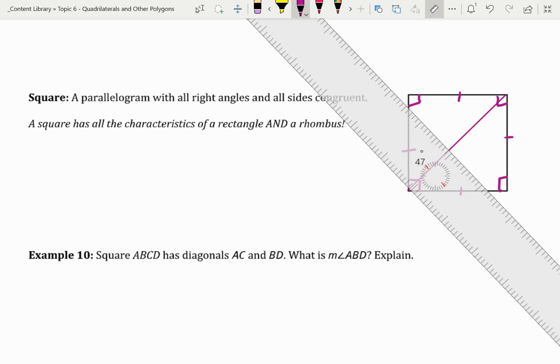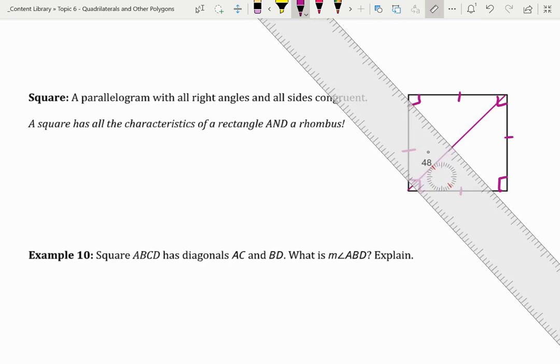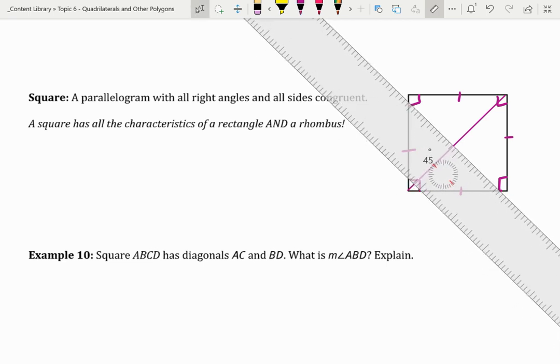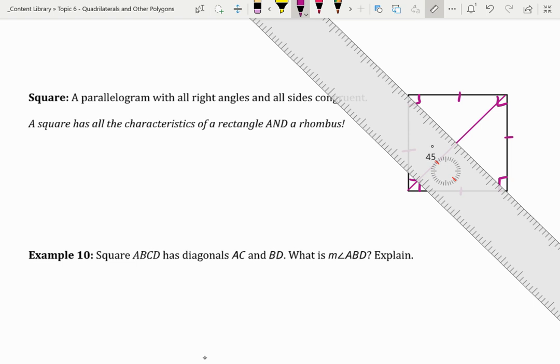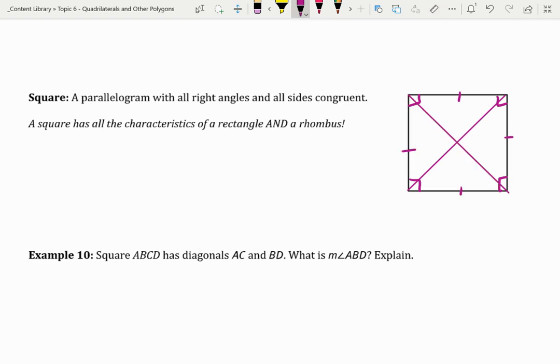And in the other direction. Our diagonals are perpendicularly bisected and congruent.